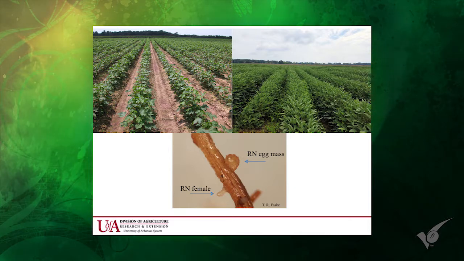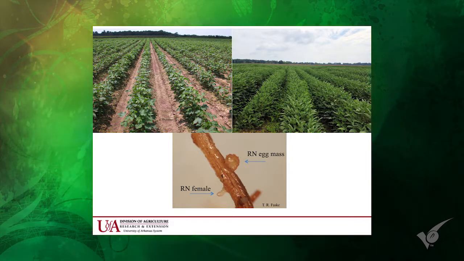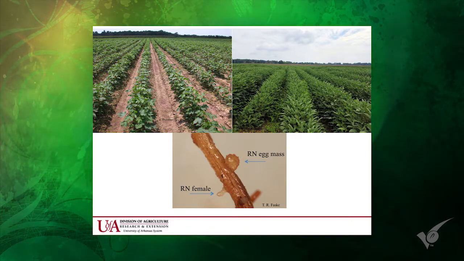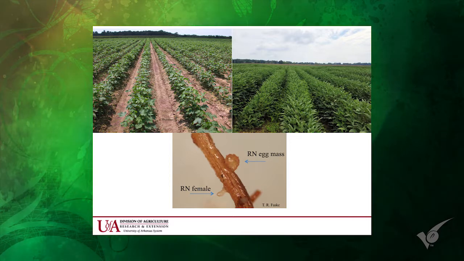The reniform nematode is not as dramatic. It's more of an embezzler as far as yield loss and as related to symptoms. Here we see some stunting within the cotton. The cotton itself is up and down, as it's referred to, along the row. Again, soil type is probably going to make a bigger impact on it.